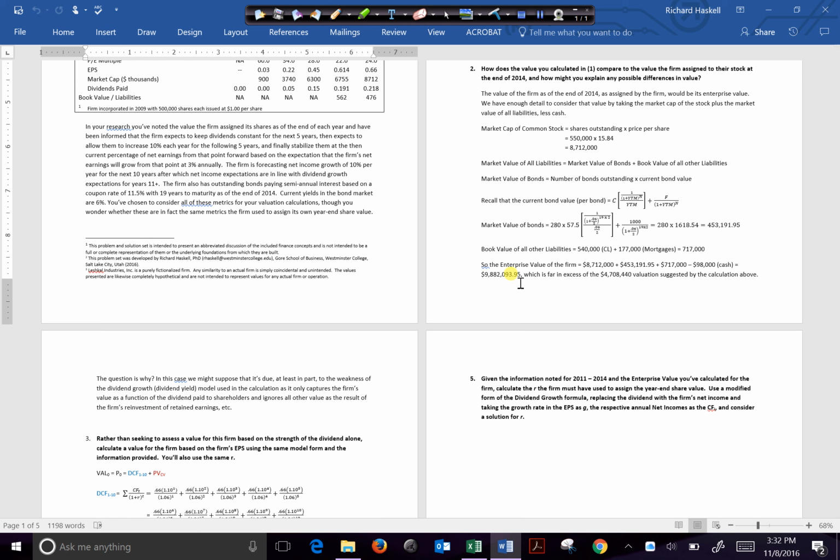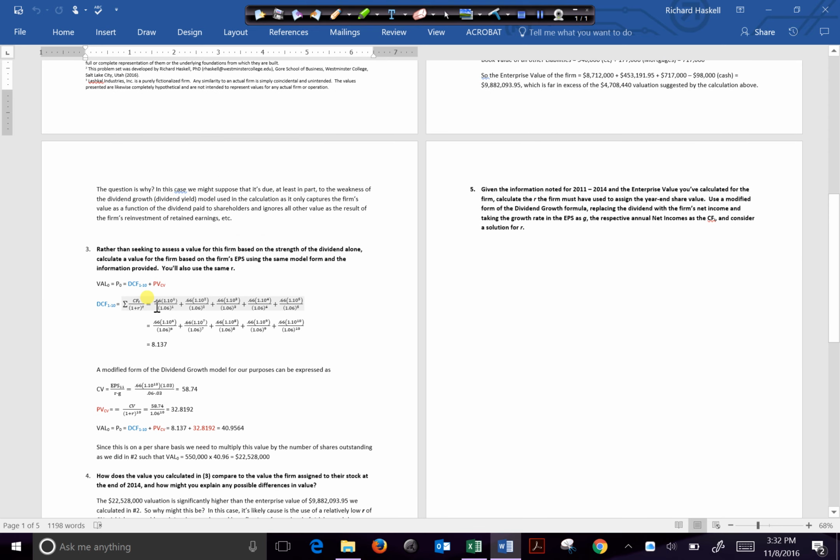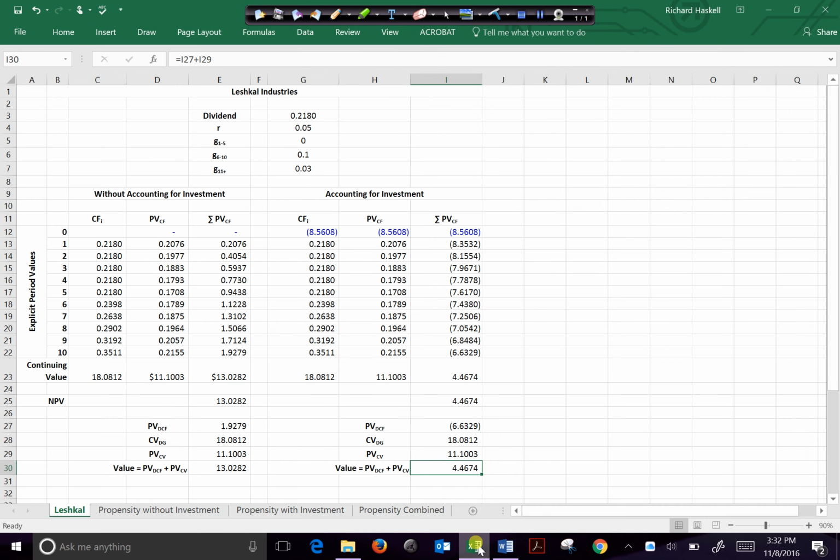If I know that enterprise value should be roughly equal to the valuation that we calculate, and if I know I'm going to want to use all the income as we're using here, then at some potential R, this set of calculations will come out to $9,882,000.